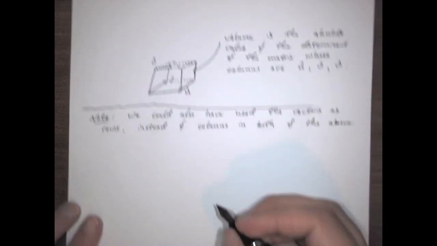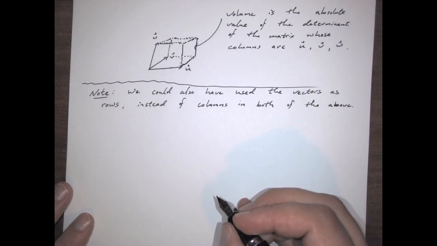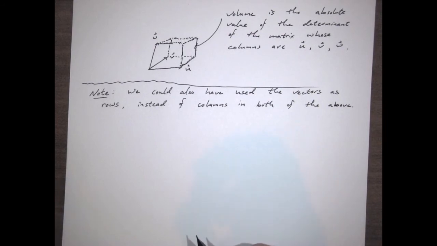So it could have been rows instead of columns, no difference, because A transpose and A have the same determinant.